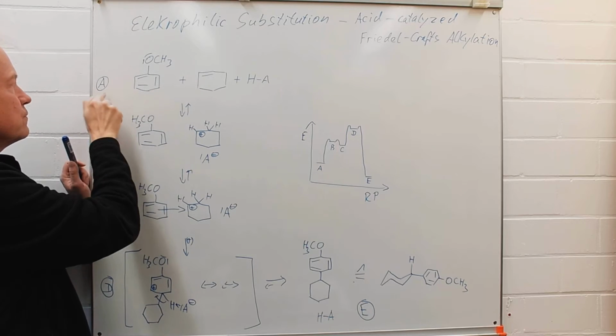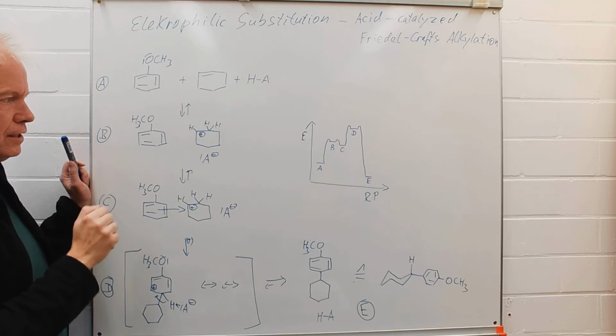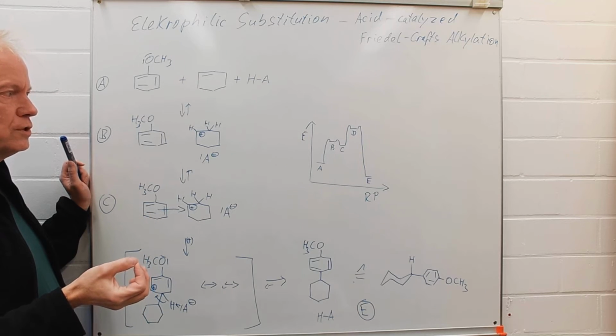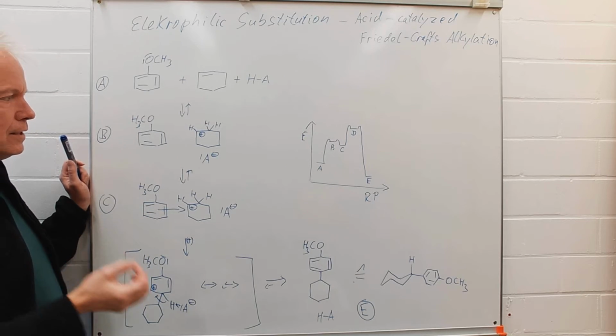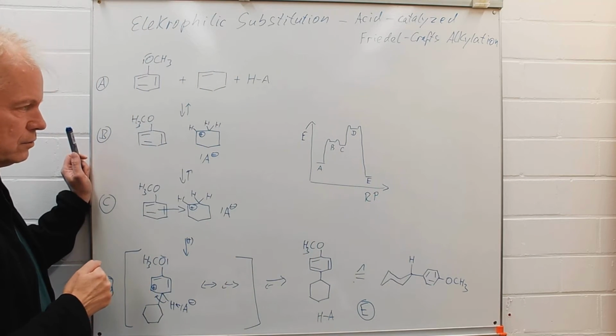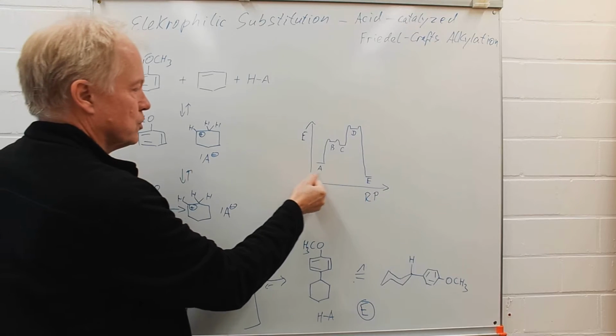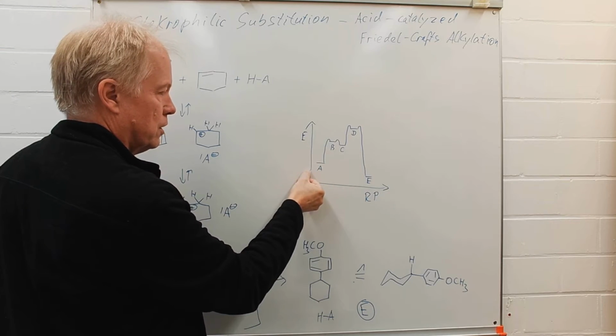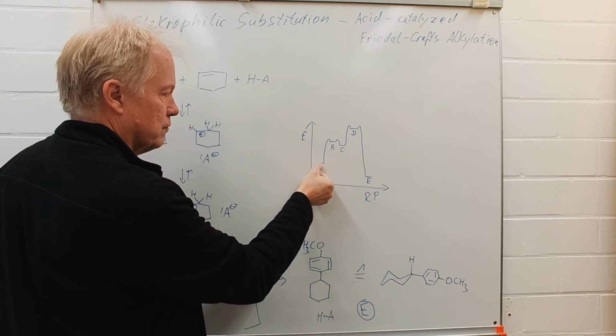So this is the starting situation A, and we want to develop an energy reaction pathway diagram, and we have to start at a certain energy level. We choose simply this here.